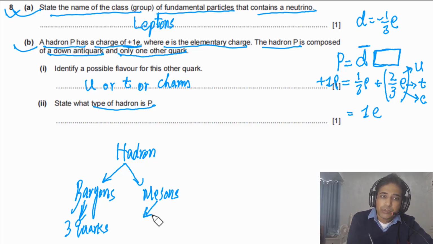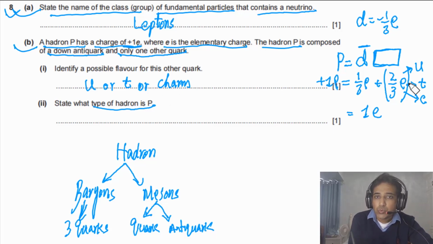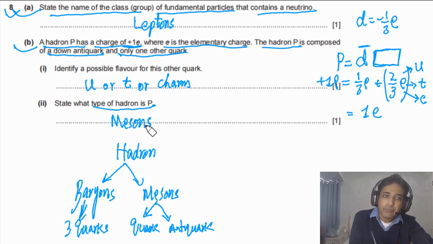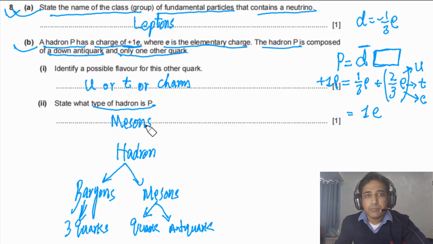And mesons consist of a quark and an antiquark. They consist of only two particles. As in this case, we have only two quarks. It means that this belongs to the meson family. So this is a meson.